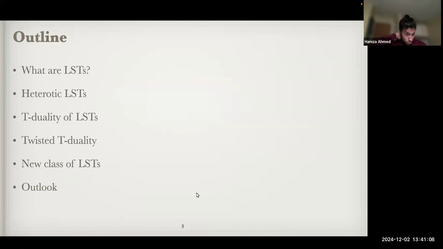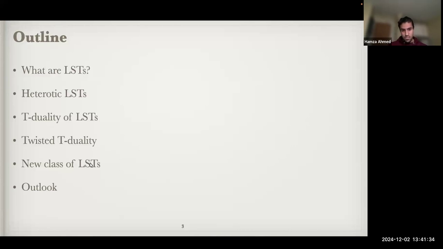Before we get into it, let me give a very simple outline of this talk. I'll first review what little string theories are from a purely field theoretic standpoint. Then I'll explain the specific kind of little string theories we'll be interested in, which are known as heterotic little string theories. Then I'll explain what it means for LSTs to be T-dual.